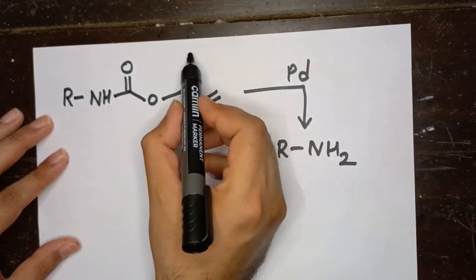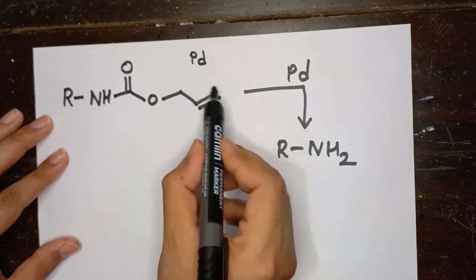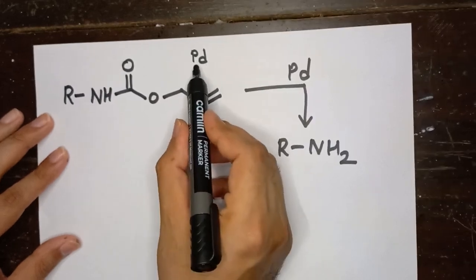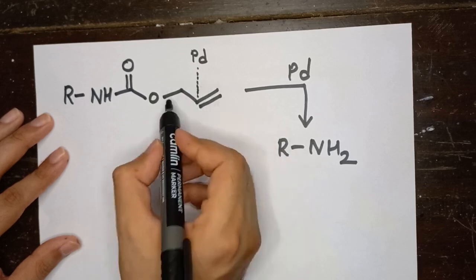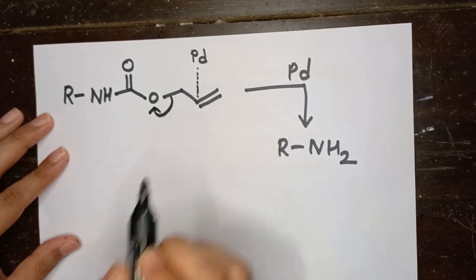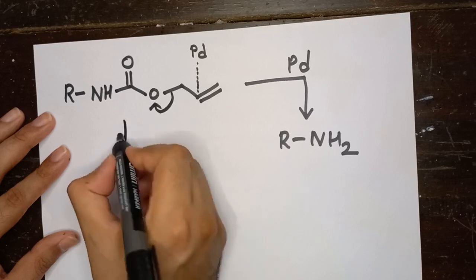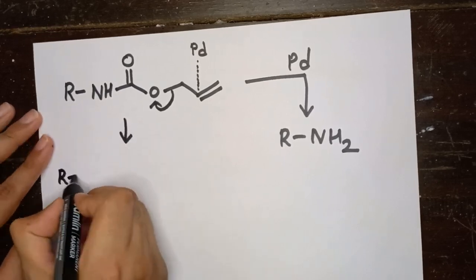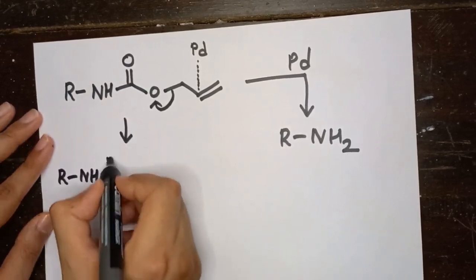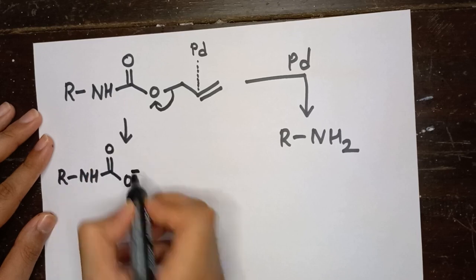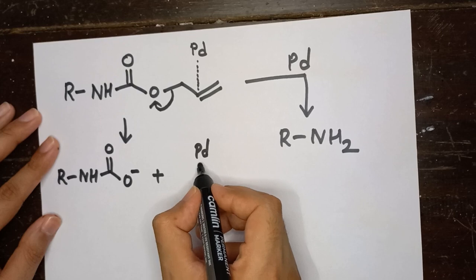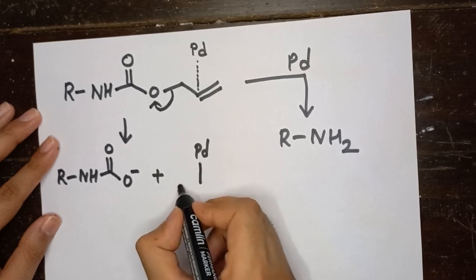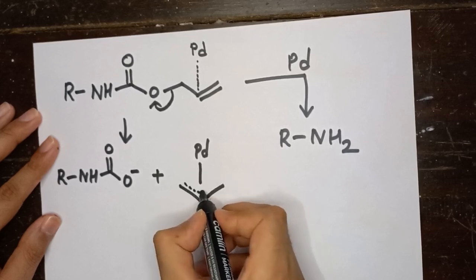But how? Palladium will come closer to this system and will form a complex with this molecule, and this bond is going to break. So what we have generated is RNH, C double bond O, O minus, and palladium bonded with this whole allyl molecule.